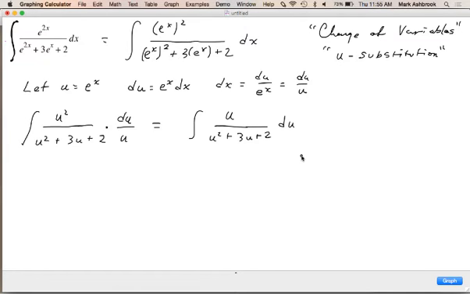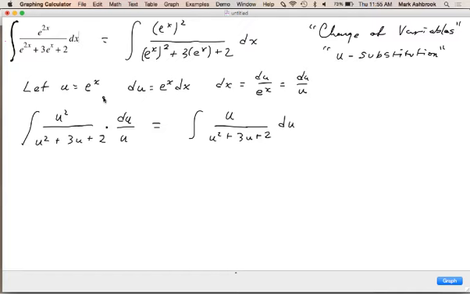So we've just changed the variable of our original integral. This integral right here is equivalent to this one if u equals e to the x.